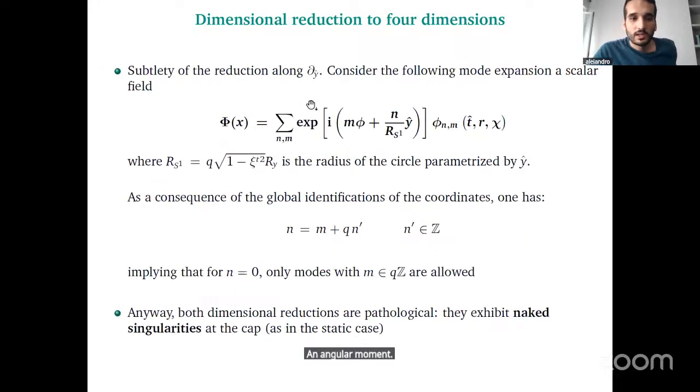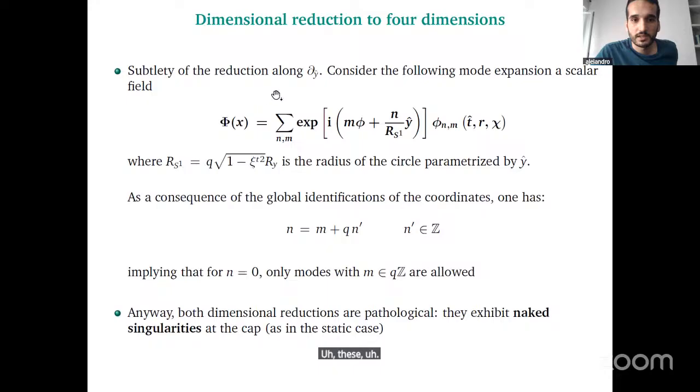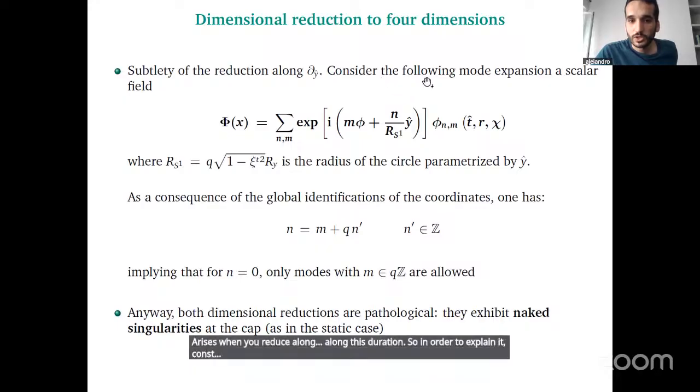So the origin of the controversy is, I would say, a subtlety that arises when you reduce along this direction. In order to explain this, consider this mode expansion for a scalar field.